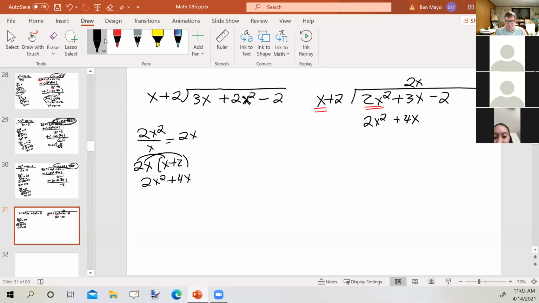Then we draw a line and subtract, changing subtraction into addition of the opposite. 2x squared plus negative 2x squared is 0. 3x plus negative 4x is negative 1x. Bring down the next term, minus 2.